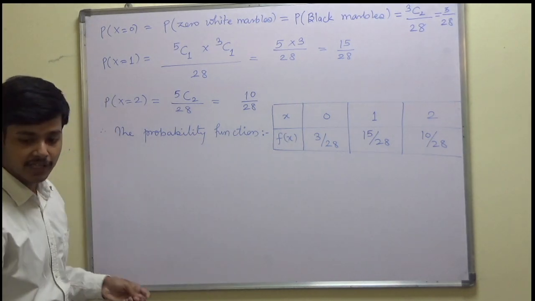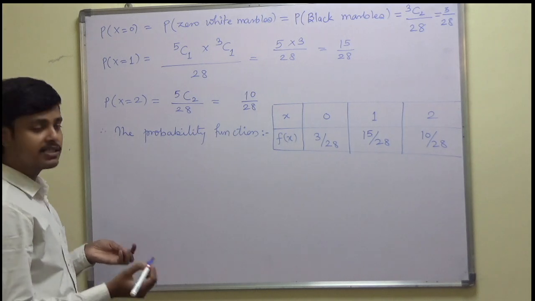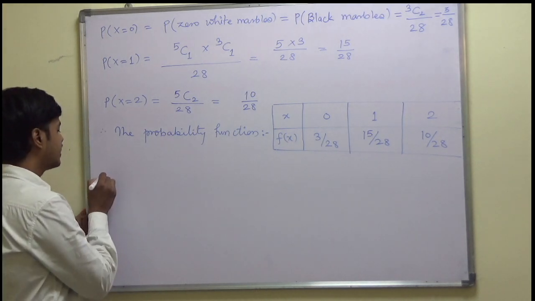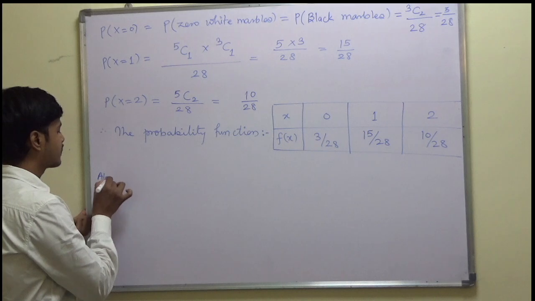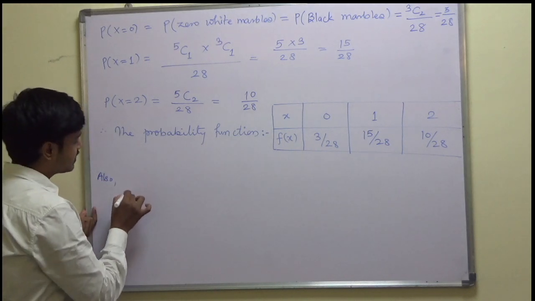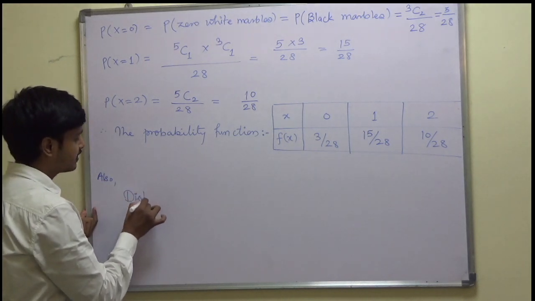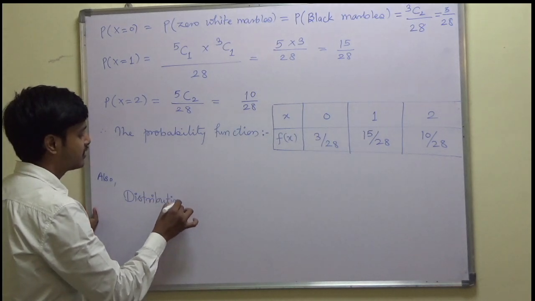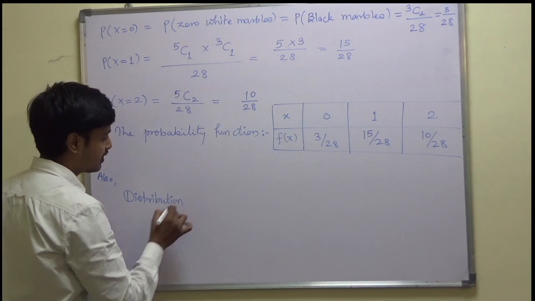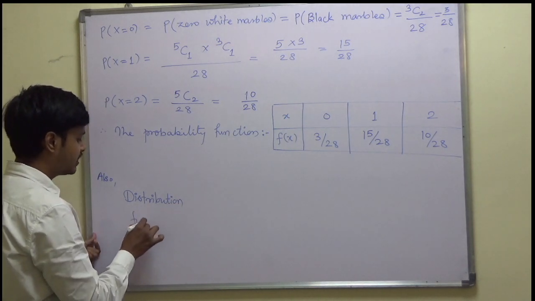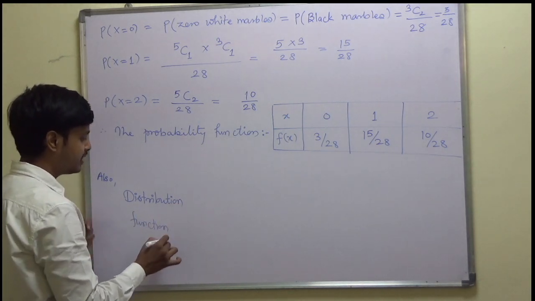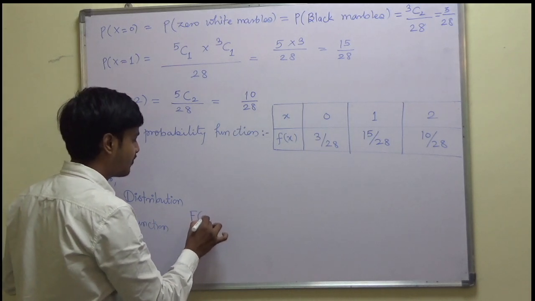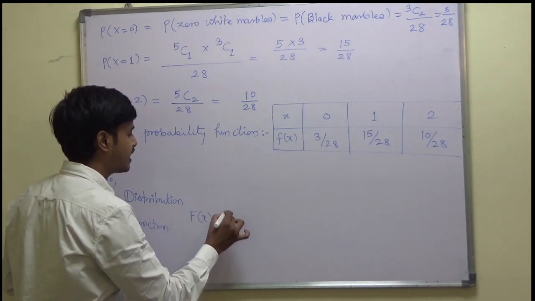Next, what you have to find out? Next we have to find the distribution function, or the cumulative distribution function, which we denoted by, do you remember it, capital F of x.